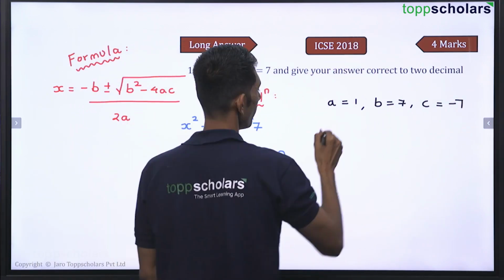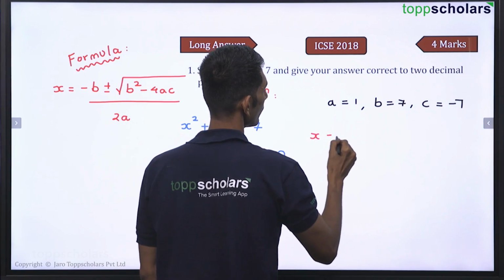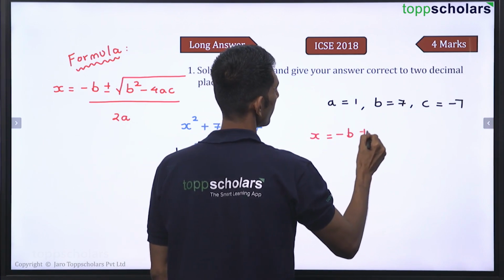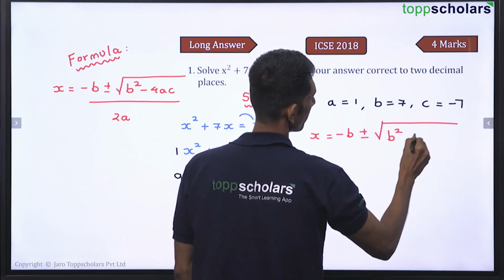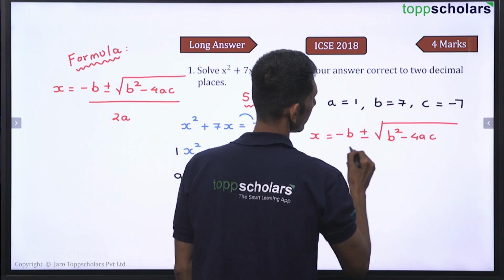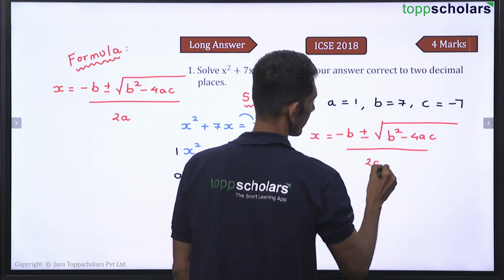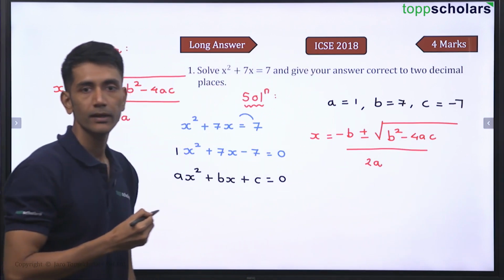What is the formula? Formula is x is equal to minus b plus or minus under root b square minus 4ac divided by 2a, correct?